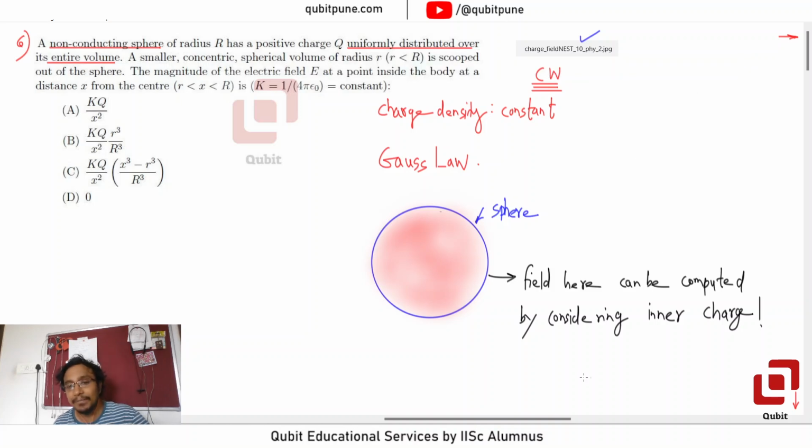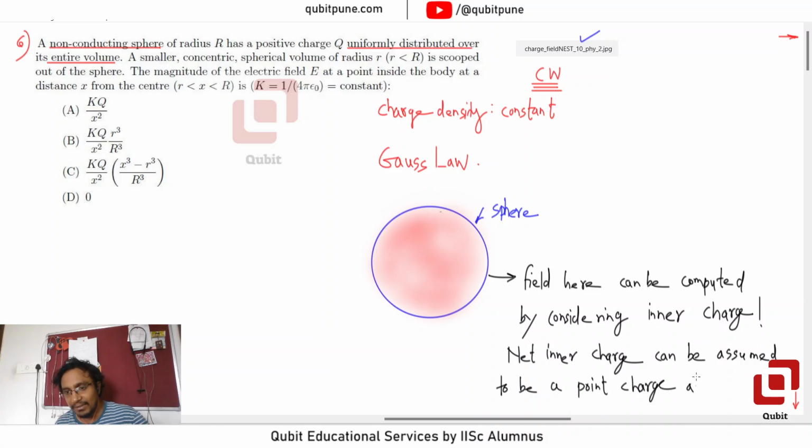And secondly, that inner charge can be assumed, कहाँ पे concentrate कर सकते हैं उसको? Can be assumed to be a point charge at the center. है ना? Yes. तो गॉस लॉ अप्लाई करो और बताओ क्या आ रहा है.